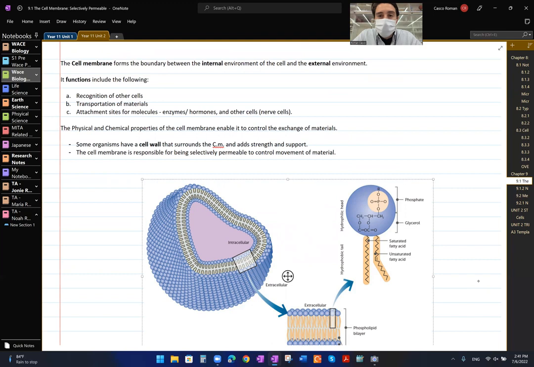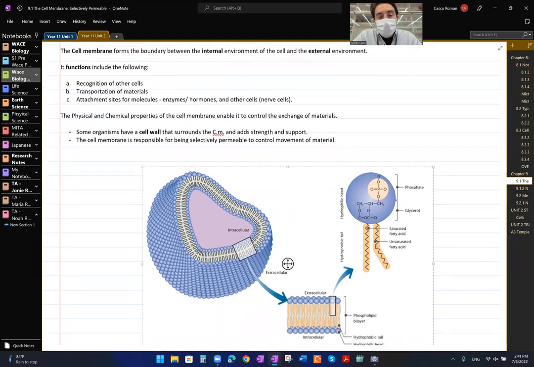Aside from that, transportation of materials through the membrane, right? To and from the contents of the cell, the inside of the cell, and what are some ways that molecules can attach to these cells, right, for a particular signaling pathway to occur? It could be enzymes, it could be hormones, it could be other nerve cells, the little tips of nerve cells that are actually touching the cell membrane, right?